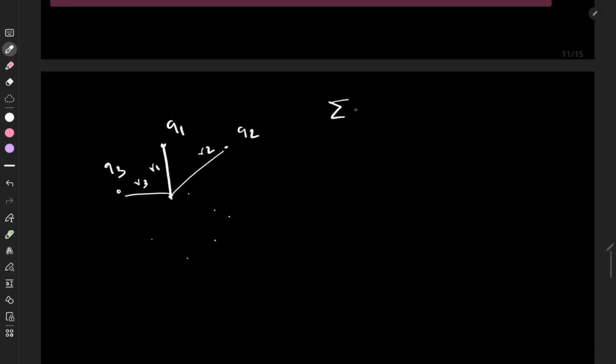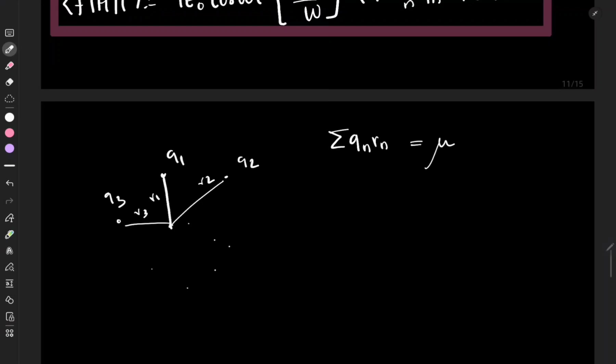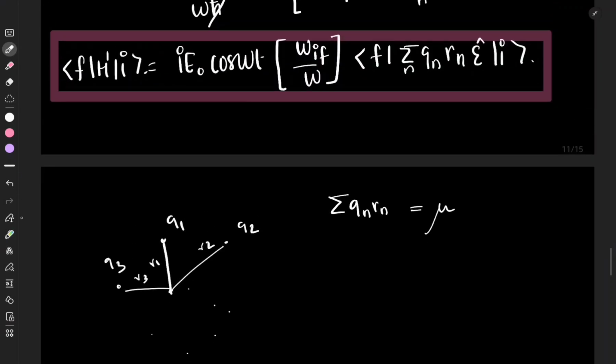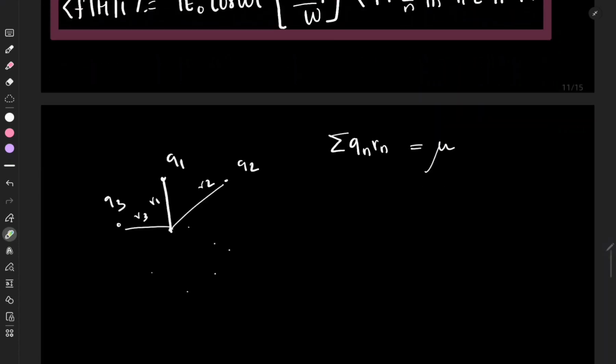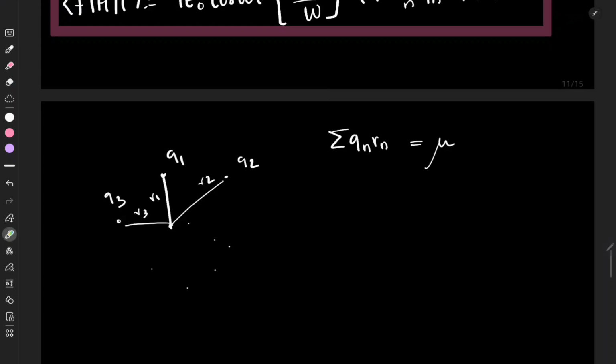This summation is nothing but the dipole moment, which can be represented as nu. So this is nothing but the dipole moment of the molecule. So instead of this term, the QRn, you can write it as nu epsilon cap. Okay, so you just have to write that.